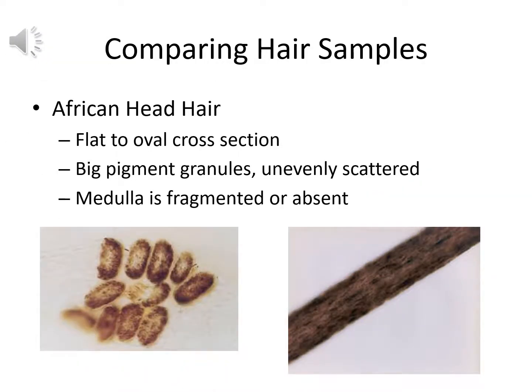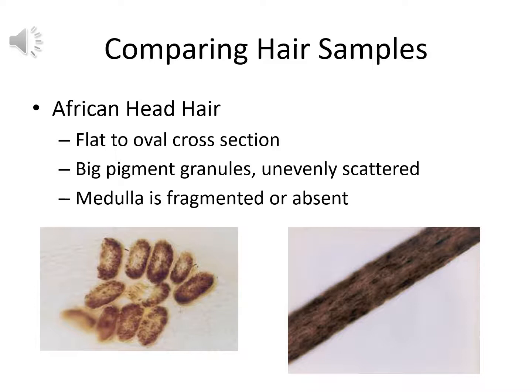Looking at hair samples to try to gain some information about the ethnic group of the individual whose hair is being analyzed, we can take a look at some key features. There are some differences, right? We're one human family, but we do have our differences. So if we're looking at head hair for someone from recent African descent, you're likely to see a flat to an oval cross section. There are going to be big pigment granules, unevenly scattered.